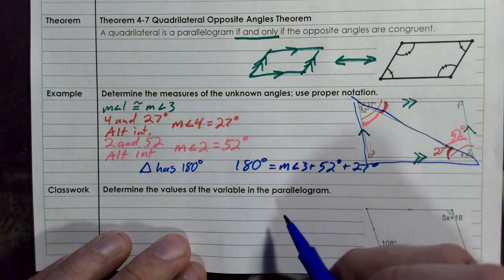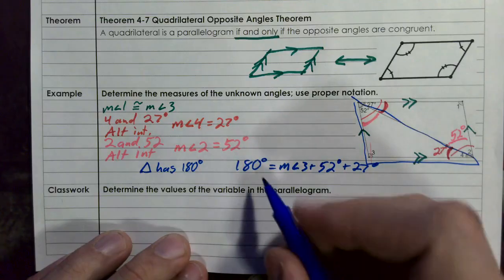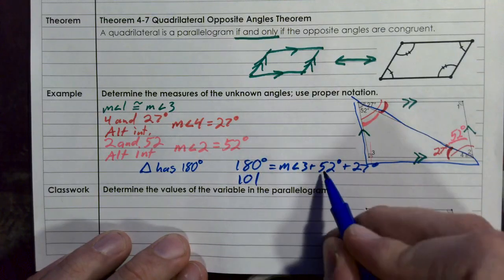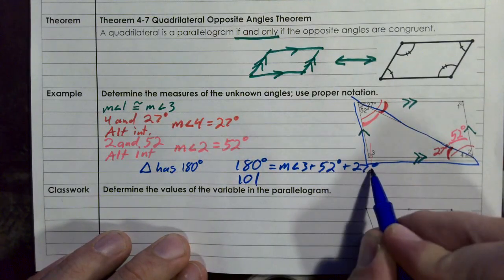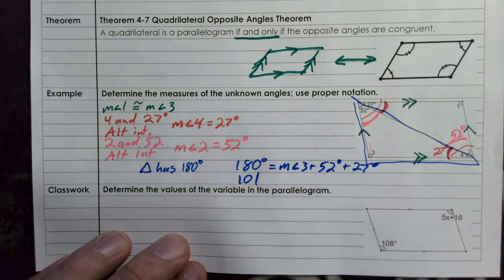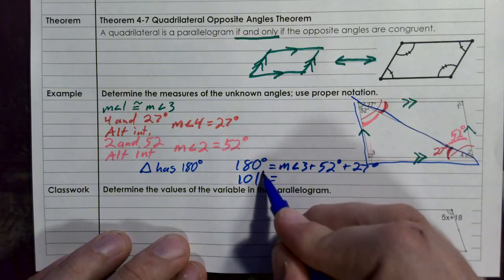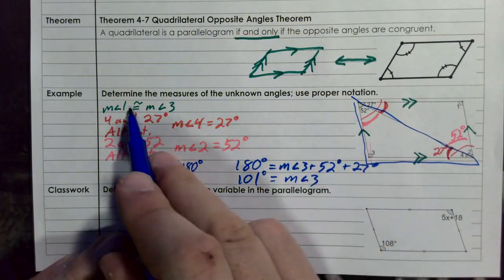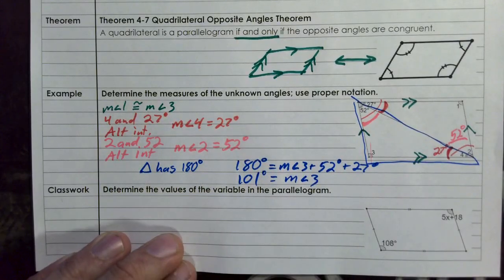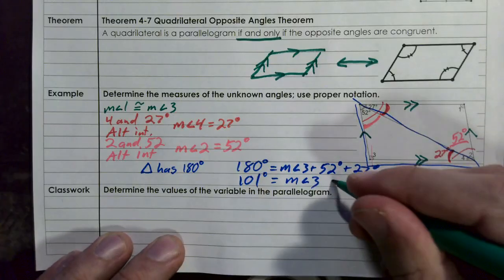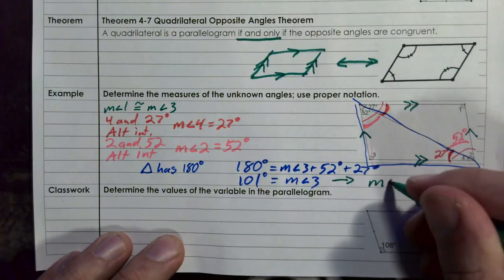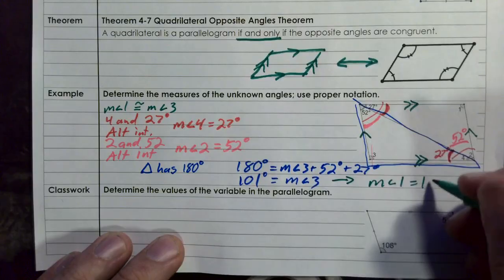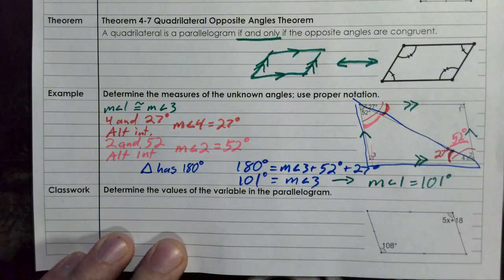That's going to give me the measure of angle 3. And I get 101 when I subtract these two from that 180. So 101 degrees is the measure of angle 3. And if I bring this back up to here, that tells me the measure of angle 1 has also got to be 101 degrees.